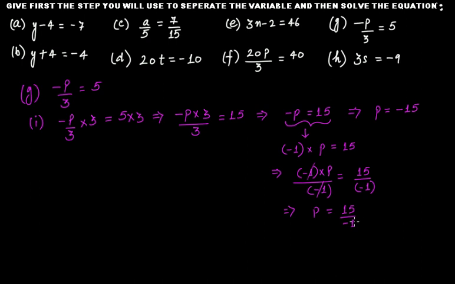Now we know that whenever we are dividing a positive number with a negative number, then we always keep the negative sign and then simply divide the numbers. So this is 15 divided by 1. It means what? It will be minus 15 only. That's what you have got here.